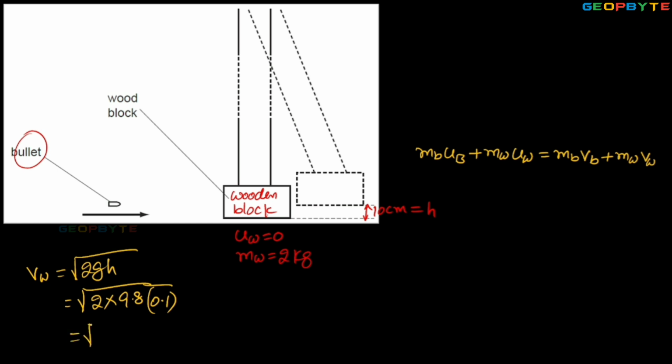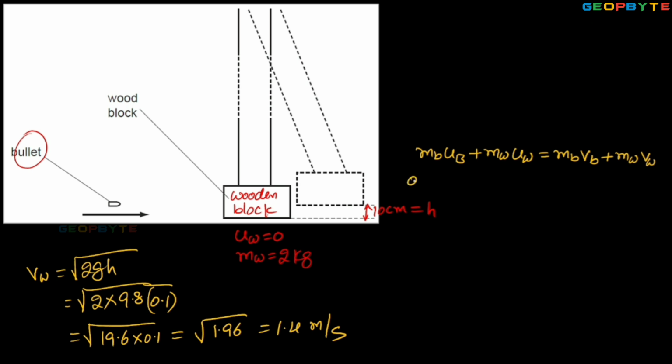Now it is root over 19.6 into 0.1. It is equal to root over 1.96. It is equal to 1.4 meter per second. Now let us substitute all values.